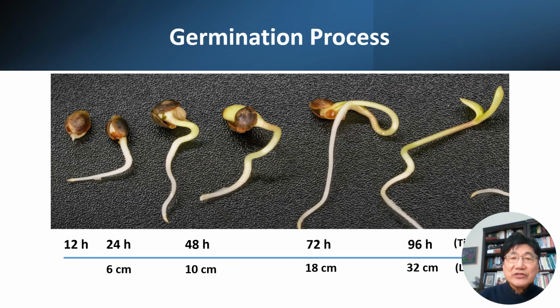It may reach a length of 7.5 to 10 centimeters within a period of 48 hours after emergence. In 48 to 96 hours, the cotyledons emerge and 2 fully open cotyledons develop.